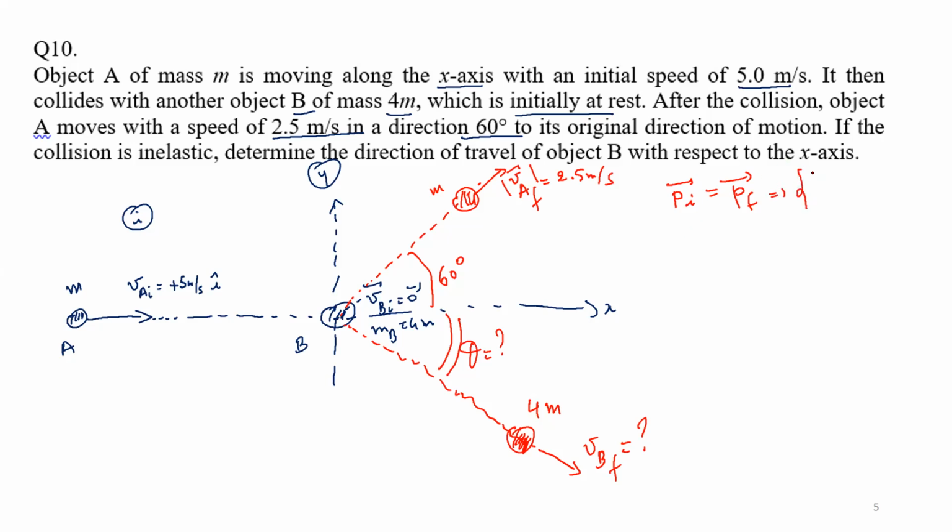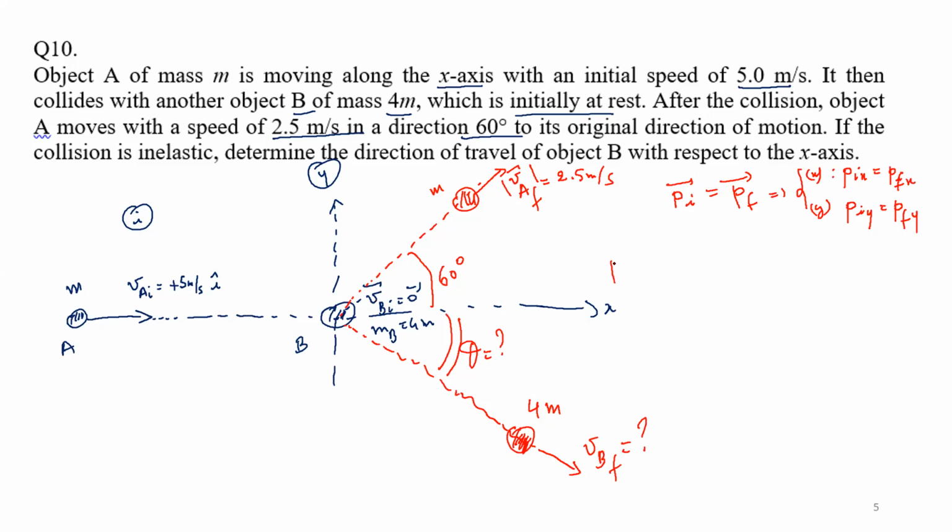This means along x, of course, I have total linear momentum along x initial equal to total linear momentum along x final. And total linear momentum along y initial is total linear momentum along y final. Now, what is the linear momentum initial here?